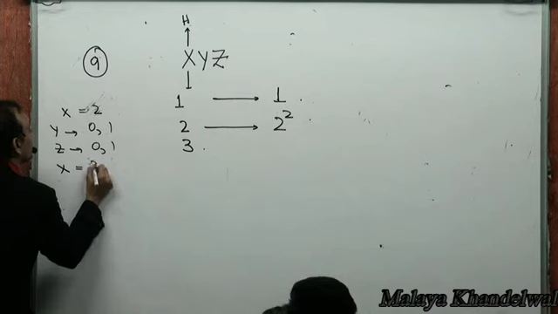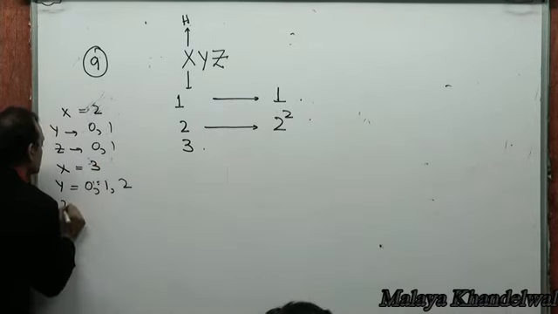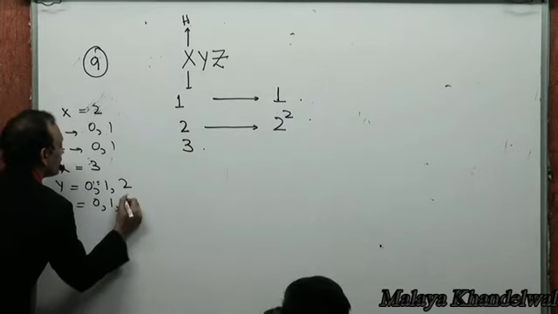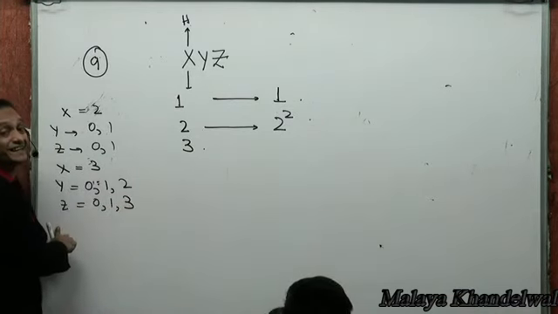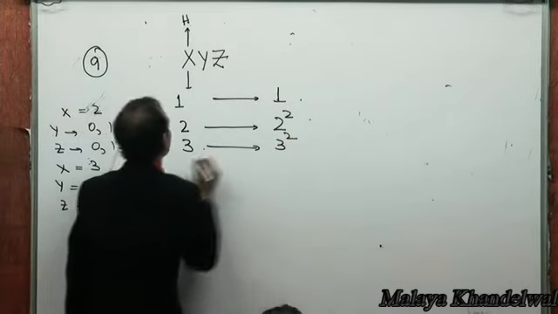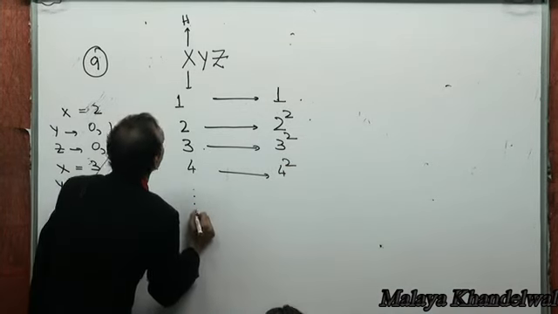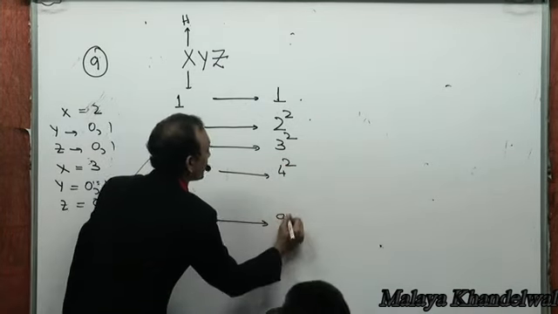If x is 3, then y can be 0, 1, 2 and z can be 0, 1, 2, so y and z can be selected in 3 squared ways. Similarly, if x is 4, it is 4 squared ways. If x is 9, then there would be 9 squared ways.